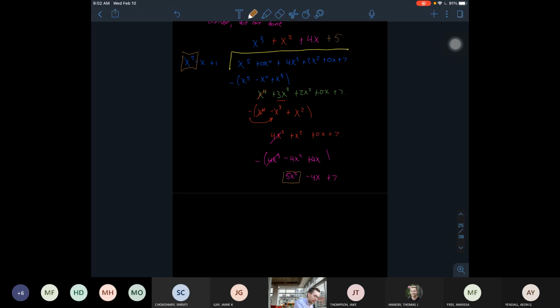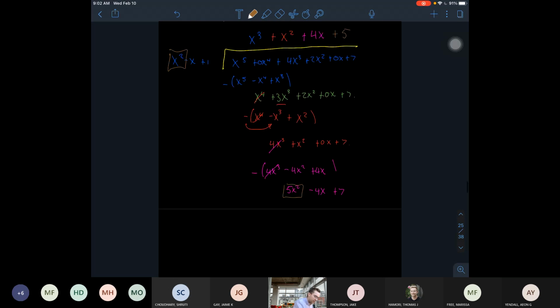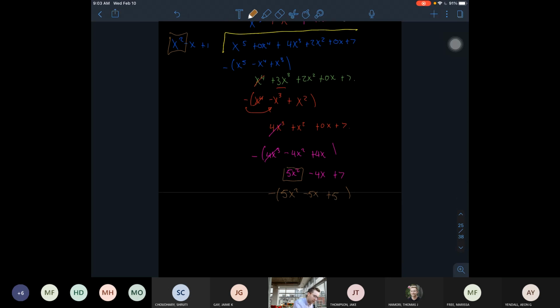So finally I get 5x squared. I should subtract this: 5x squared minus 5x plus 5. And the 5x squareds are going to cancel, and then I'll subtract negative 5x from negative 4x, and that will give me positive x. And then I'll subtract 5 from 7, and I will get a plus 2.